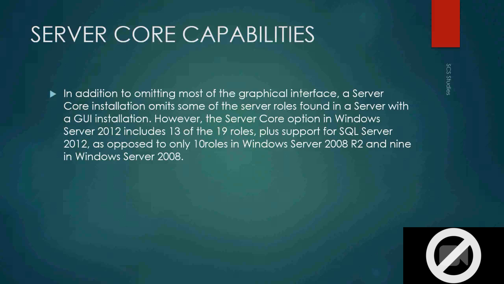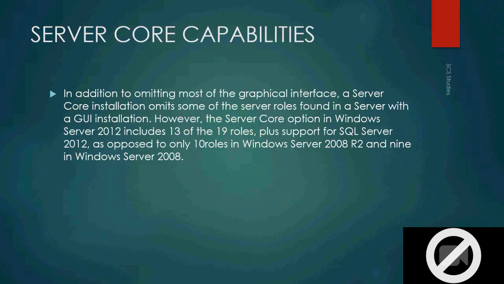Plus support for SQL Server 2012, as opposed to only 10 roles in Windows Server 2008 R2. That means additionally it will support SQL Server, so you can use the server core as a database server. And what is the difference between 2008 R2 and 2012?